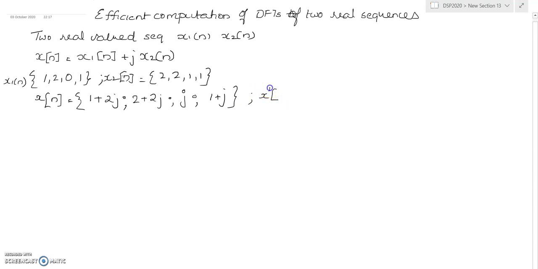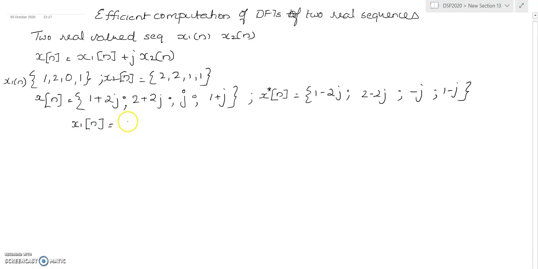So x star of n can be given as 1 minus 2j, 2 minus 2j, minus j, and 1 minus j. The use of this particular sequence is to determine x1 of n and x2 of n.